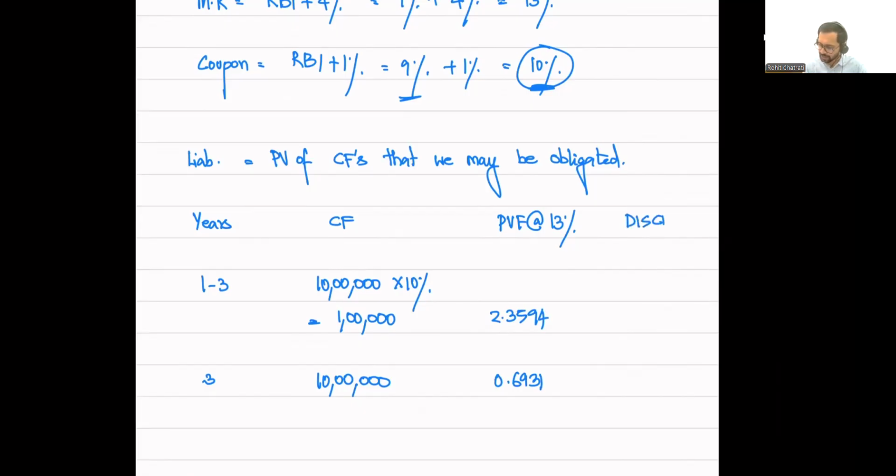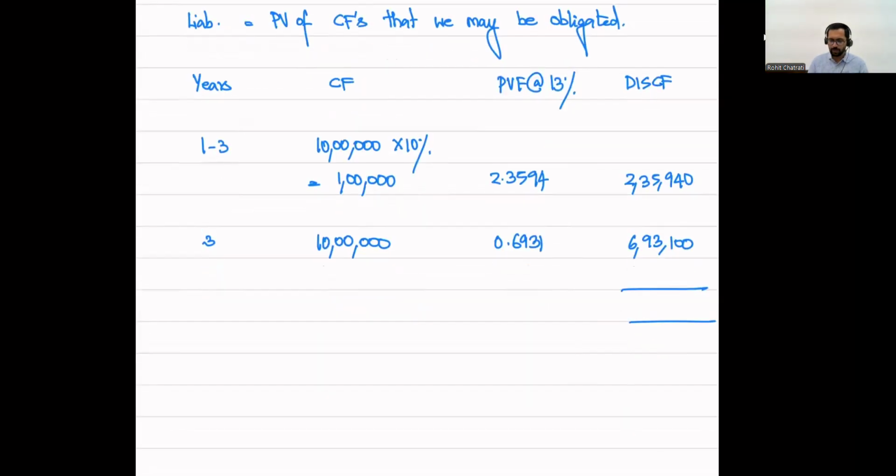So the discounted cash flow is going to be 2,35,940 for the first 3 years, and for the third year, it will be 6,93,100. The total discounted cash flow will be 235,940 plus 693,100, which is going to be 9,29,040. So the liability amount will be 9,29,040.